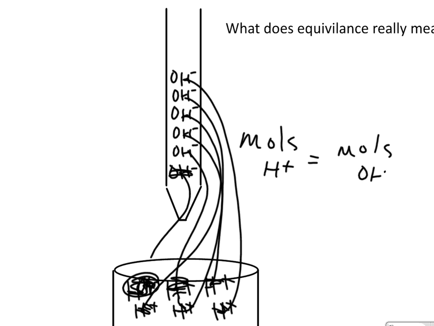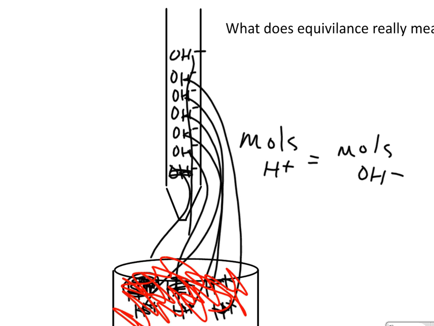That is equivalence. If I put 1 more OH in from my burette, and I have an indicator, the solution changes color, which will allow me to figure out what the molarity of the unknown concentration is. In AP Chem, you have to be able to calculate the molarity of the unknown concentration. You have to be able to calculate the pH at any point in the titration. So that's what we're going to focus on. That's what equivalence means when we talk about it.